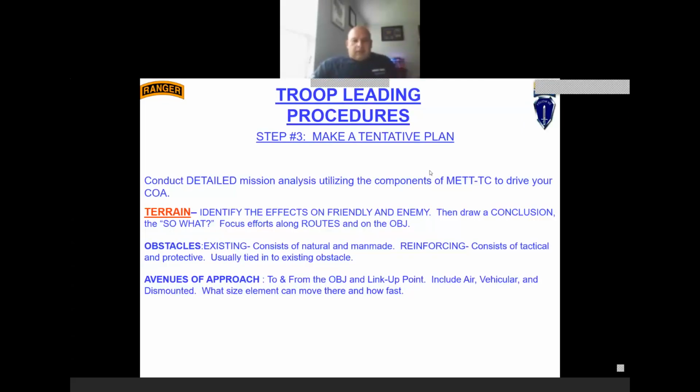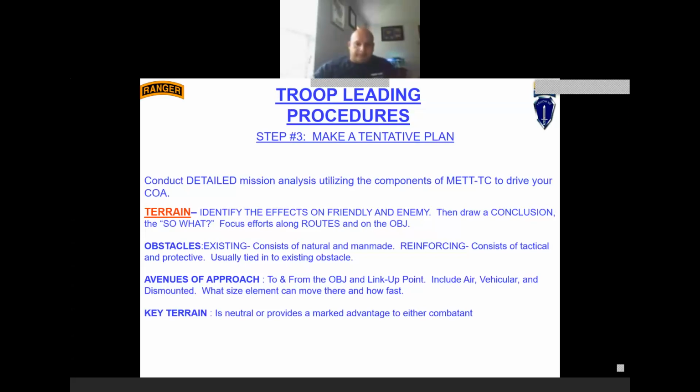Okay, next. Key terrain. Key terrain is located in areas where the seizure or retention affords a marked advantage to either combatant, right? Terrain adjacent to the area of operation may be key if controlled, if necessary to accomplish the mission.